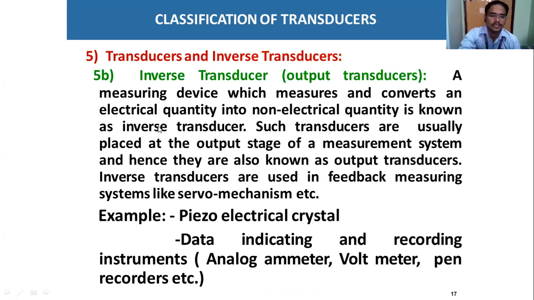An inverse transducer is a measuring device which converts an electrical quantity into a non-electrical quantity. Its function is the reverse of that of the transducers. For example, a piezoelectric crystal: if you give an electrical supply to the crystal, you will get some forces coming out of that body.